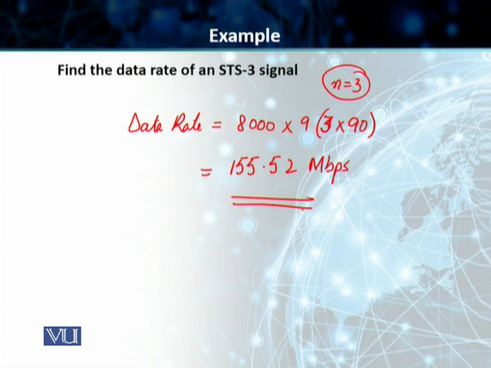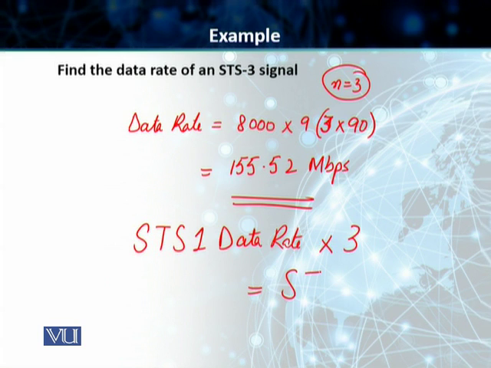For example, if you multiply the STS-1 data rate by 3, you get the STS-3 data rate. Similar relationships also hold, and I'll explain to you why these relationships hold, because we need to do multiplexing and interleaving, and we'll talk about that in our later discussions.